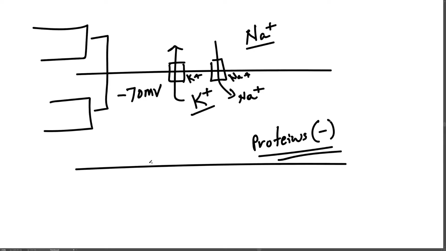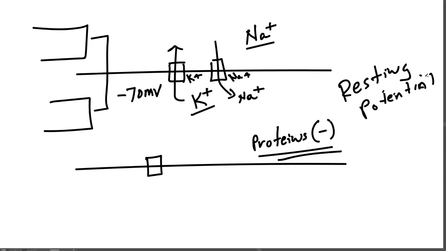Now, it turns out that normally when there's no action potential and we are at rest, at the resting potential, the potassium and sodium channels are closed. But it turns out that the potassium channels are leaky.